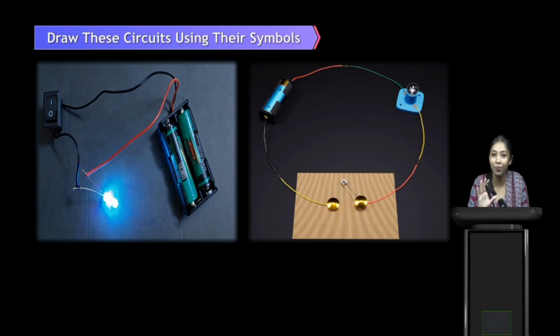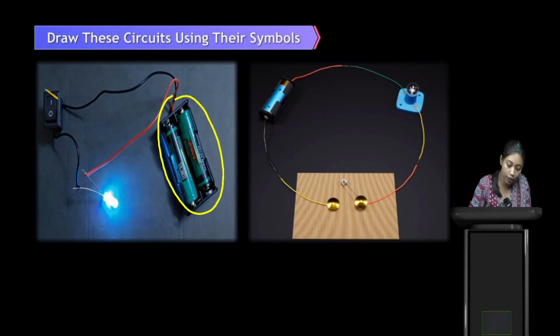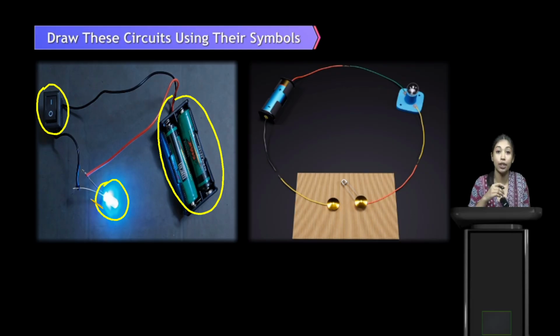You have to draw this circuit, but we can't draw a battery, a switch, a glowing light like that. In our exams, for a better answer, we can't draw like that. So how will we draw? We will draw it using their symbols.